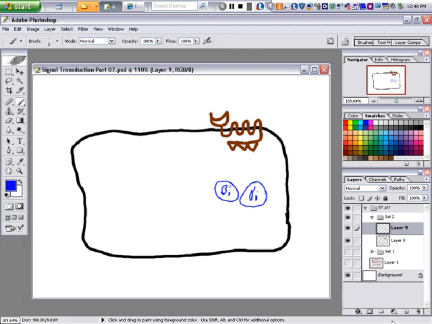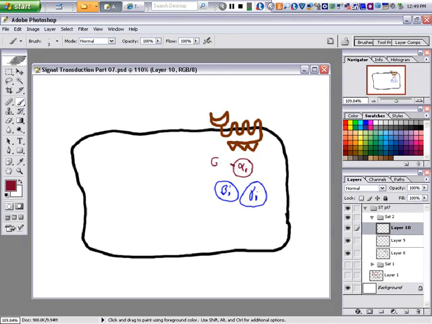I'll put this on another layer. We're going to have G alpha. This is going to be alpha inhibitory. And alpha is going to have GTP when it's in its own state.